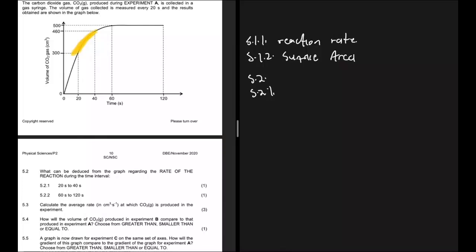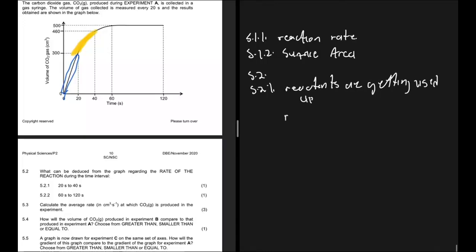It's not really flat, but it's no longer as steep as from 0 to 20. So we can see that reactants are getting used up, and as a consequence, the reaction rate is decreasing.